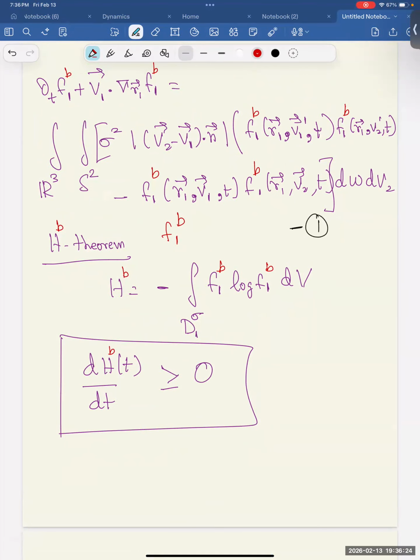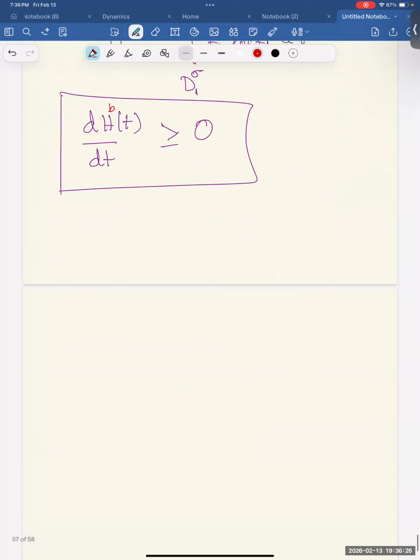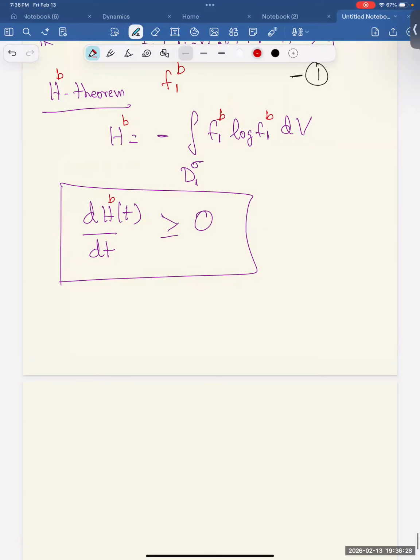But this sounds a little suspicious. Now let's go back to F1. I want to define the true F1. The true F1 is obtained by solving the Liouville PDE.